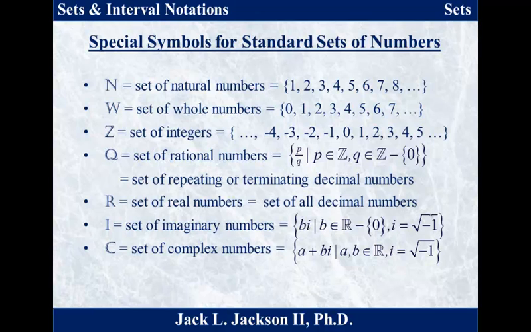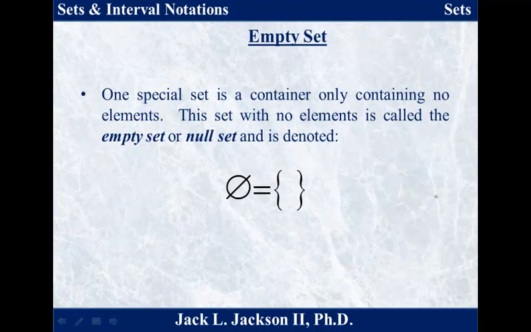I, the set of imaginary numbers, is a set of numbers of the form bi, such that b is a real number but not 0, and i is the principal square root of negative 1. C is the set of complex numbers, which is the set of all numbers of the form a plus bi, such that a and b are real numbers, and again i is the principal square root of negative 1. So we talked about these quite a bit in our last section of this unit.